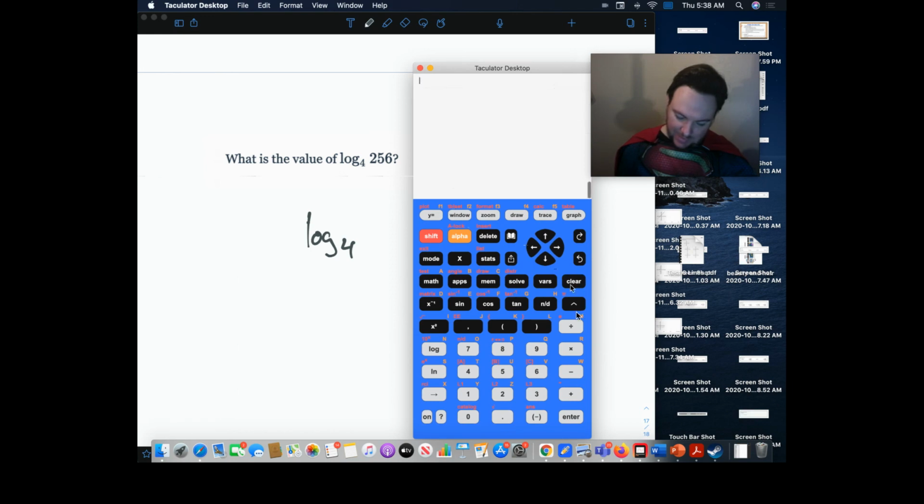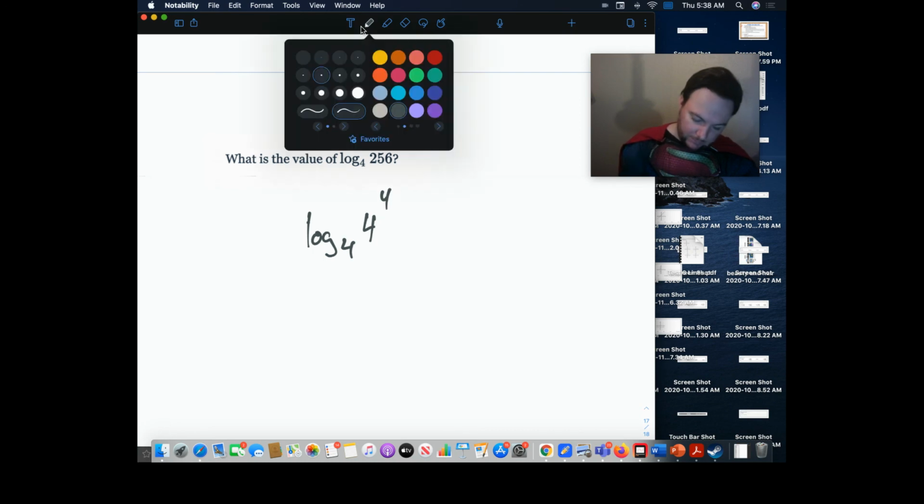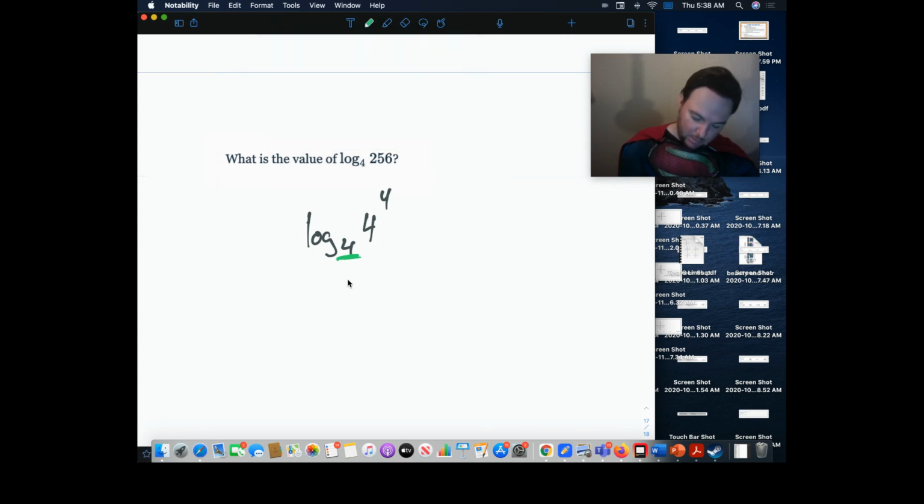You just go in the calculator and you go 4 times 4, 16. 16 times 4, 64. 64 times 4, 256. So I did it 1, 2, 3, 4 times. So I know this is 4 to the 4th. Once more, really driving this point home: when these match up, it's just the exponent. Boom. Easy enough.